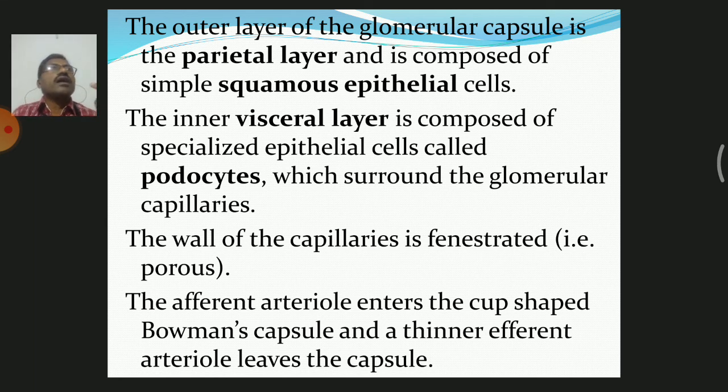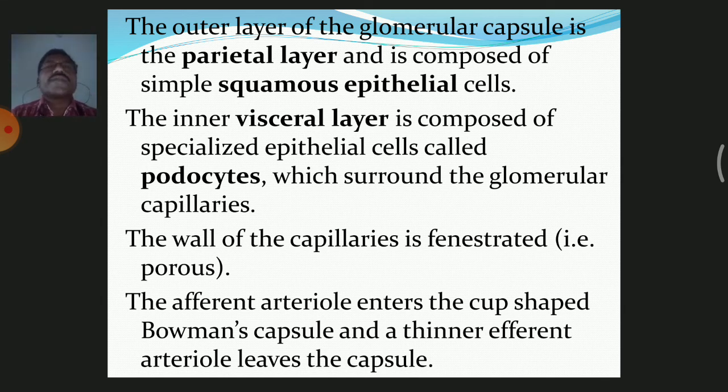The podocytes are around the blood capillaries which surround the glomerular capillaries. The wall of the capillaries is fenestrated, meaning porous.